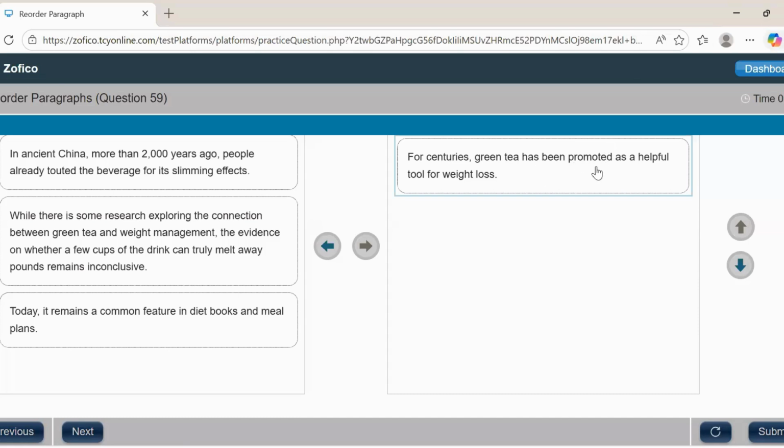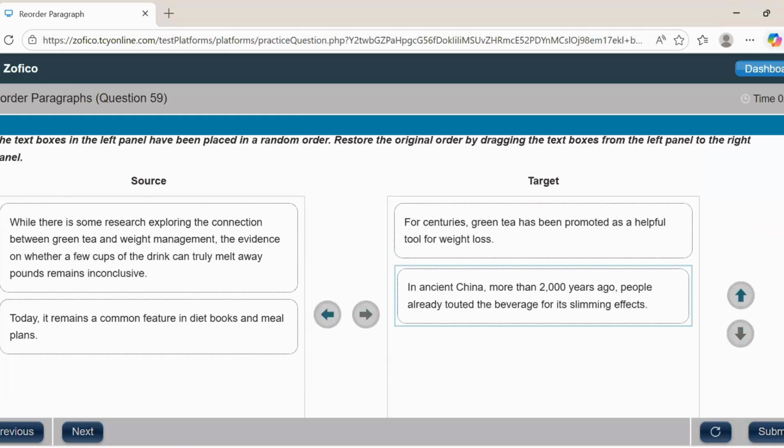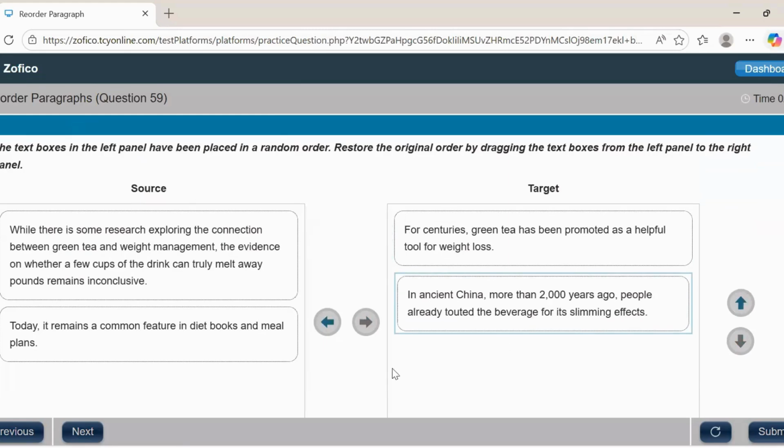Now we have to see how people promoted it. See, here we can see the connection for people. Here it has been promoted, and here people already touted the beverage for its slimming effects. Means they promoted it. Now they explained how people promoted it. In ancient China, more than 2000 years, people already touted the beverage for its slimming effects.